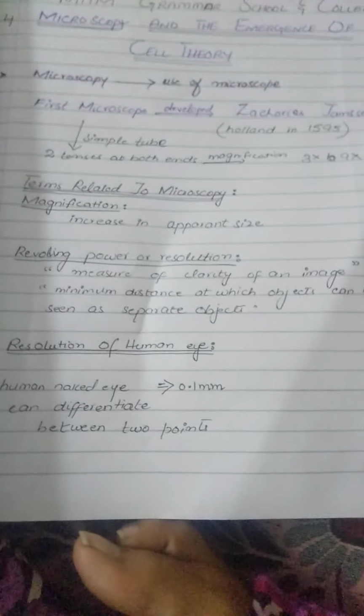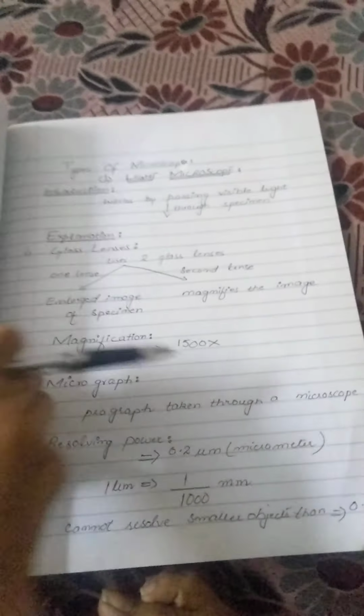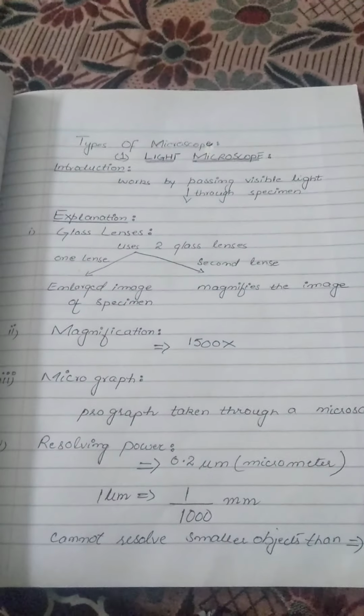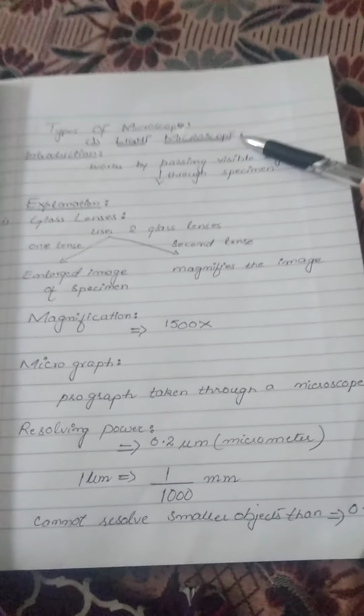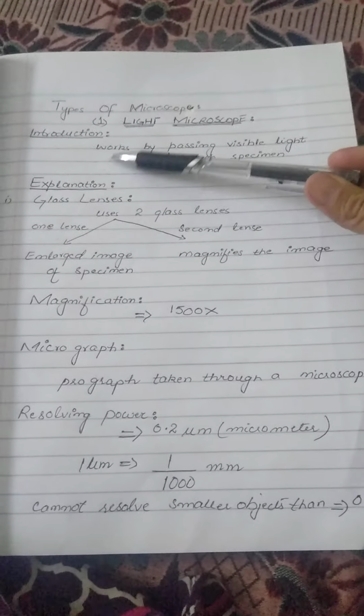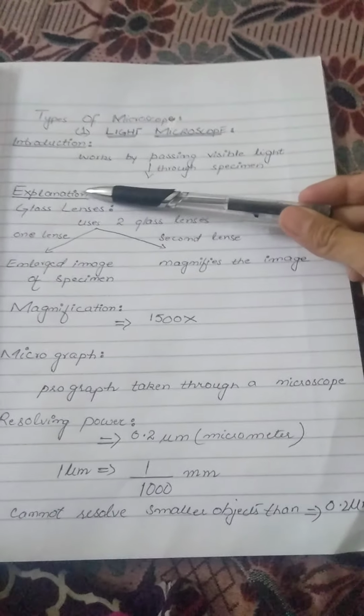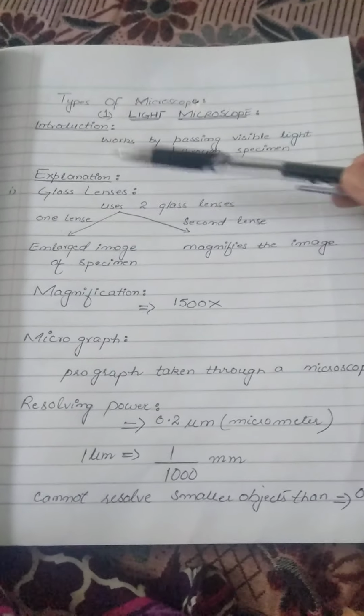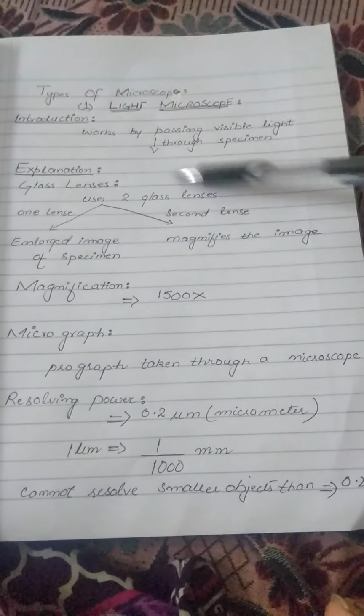Now we have types of microscopes. The first type is light microscope. First of all, we discuss its introduction and then we have its explanation. What is introduction?